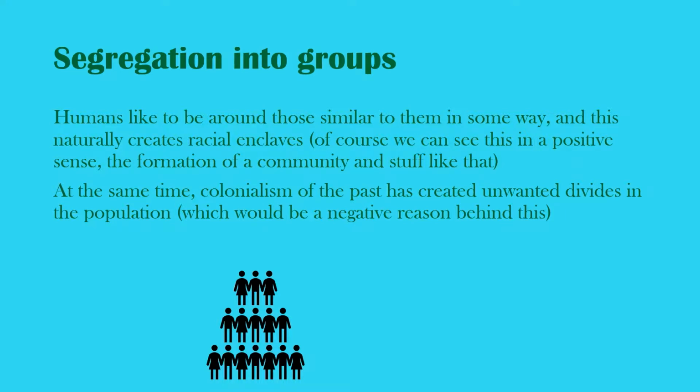Right. So the second point is, another way of people congregating is in terms of racial enclaves or segregation by certain groups. So how geography or certain human interactions influence this and vice versa.